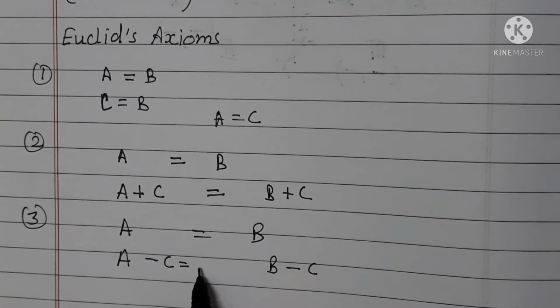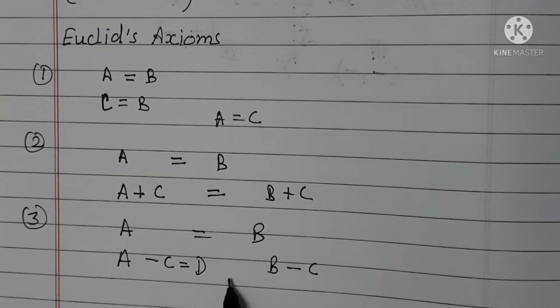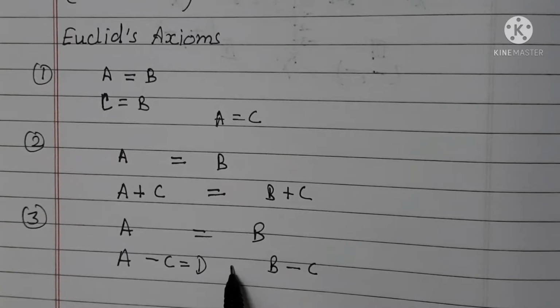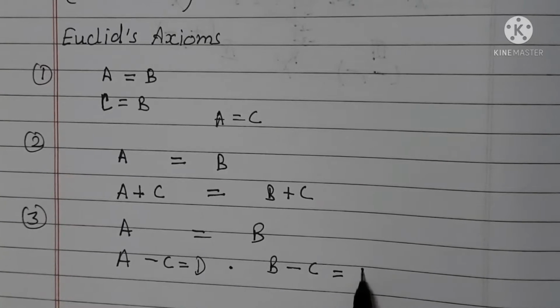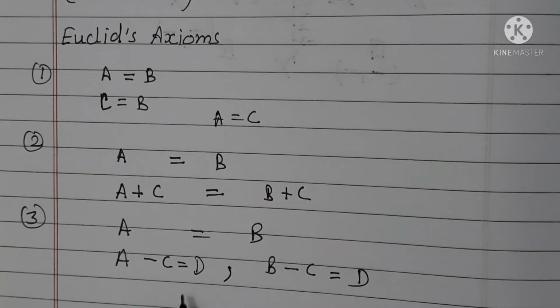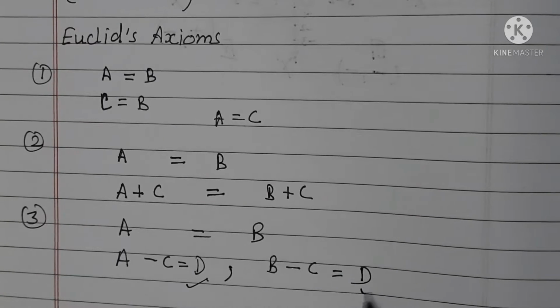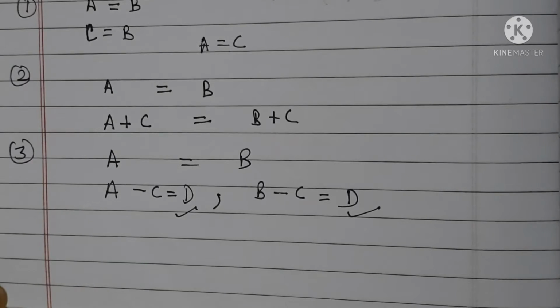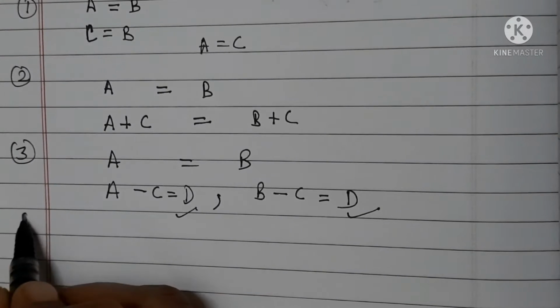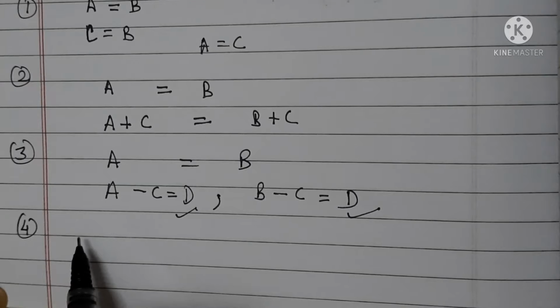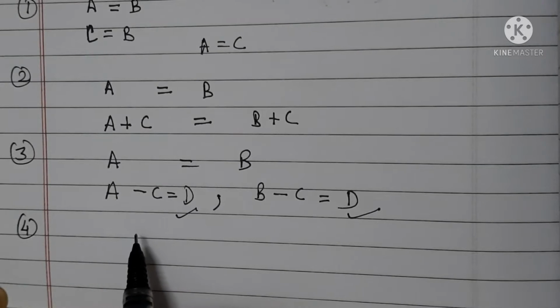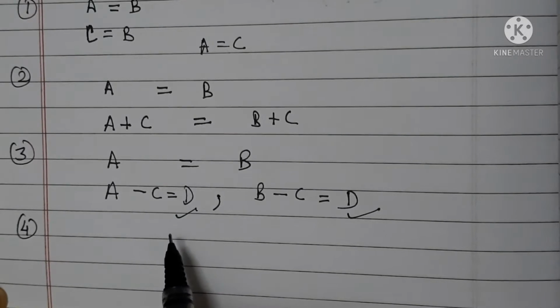Suppose you get D here and here also you will get D. So the remainders are equal.